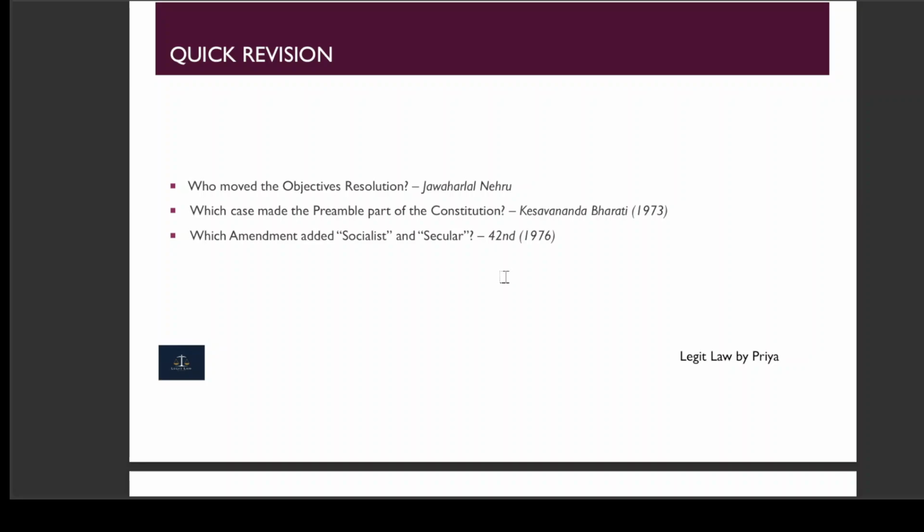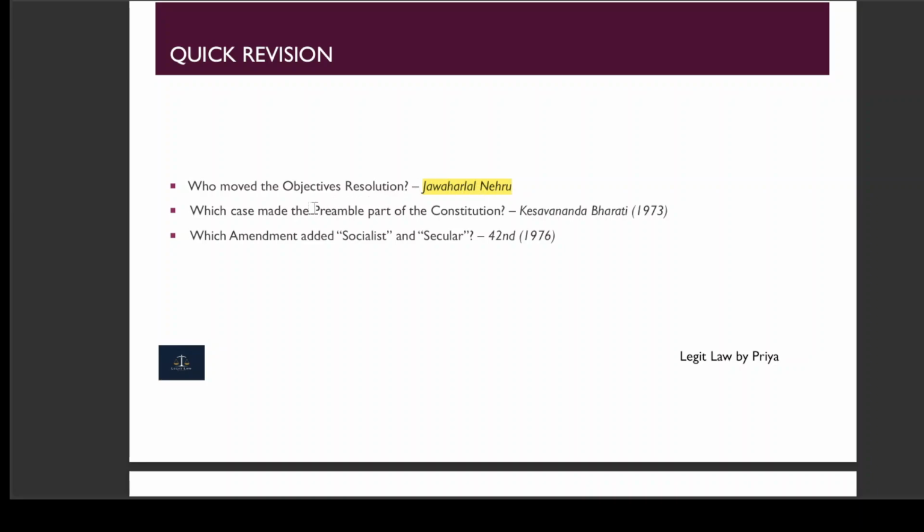So let's quickly revise these three short questions. One, who moved the objectives resolution that inspired the preamble? Pandit Jawaharlal Nehru's resolution was the one which inspired the preamble. Two, which case declared that preamble is part of the constitution?